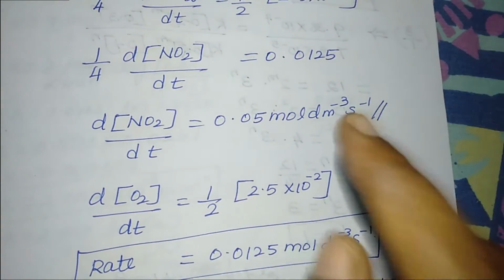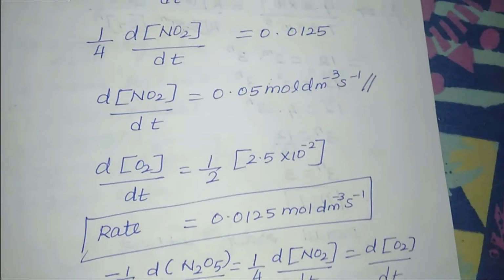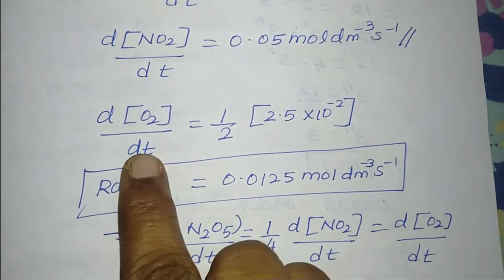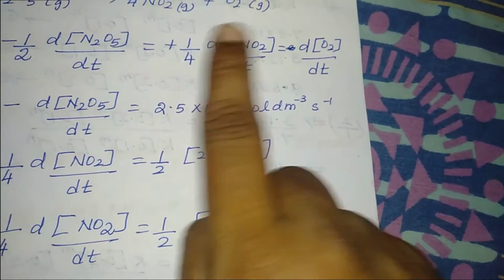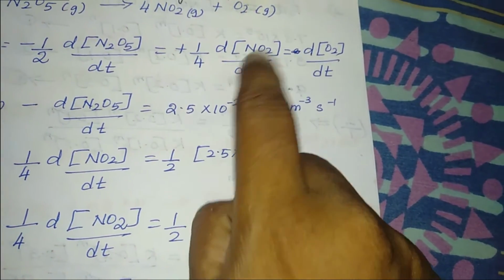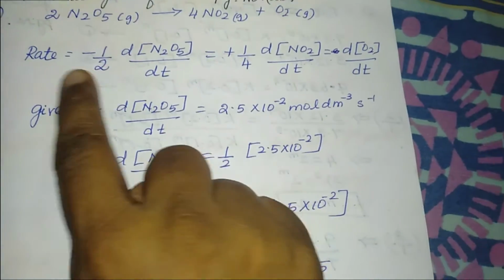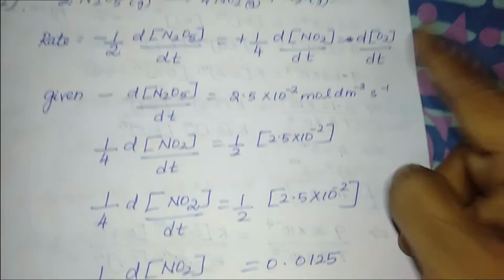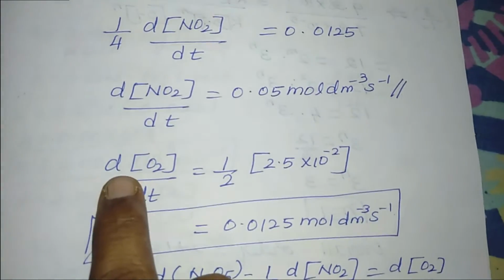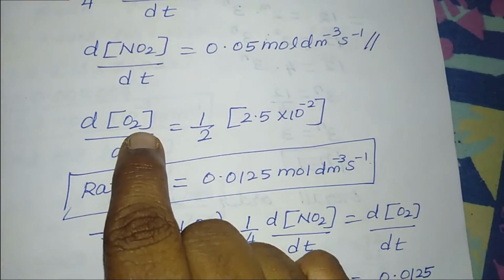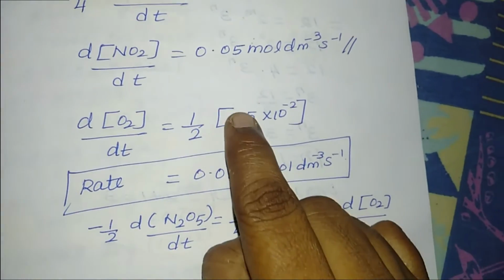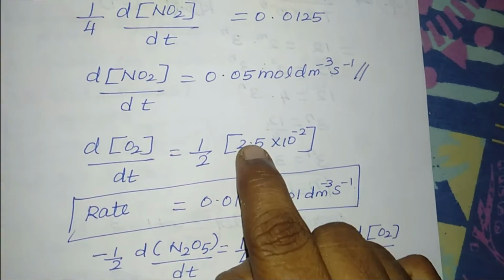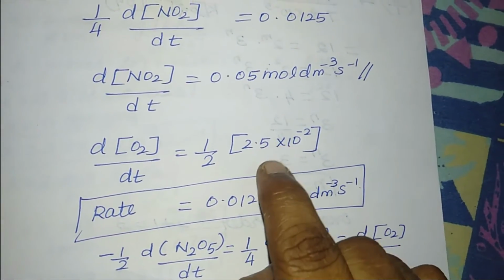They are asking you to find out the oxygen also. So same thing, you have been taking the oxygen. So oxygen is also equal to 1 by 4 dNO2 by dt, so all these are equal. So in that case, I am just taking the d concentration of oxygen by dt is equal to 1 by 2 dN2O5 by dt.